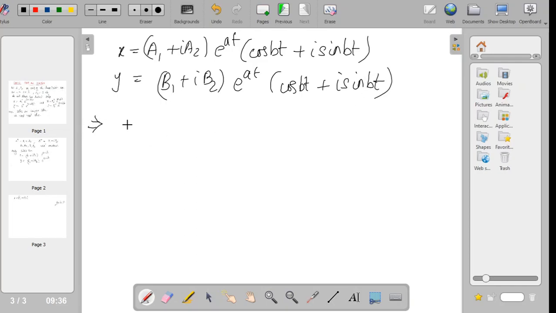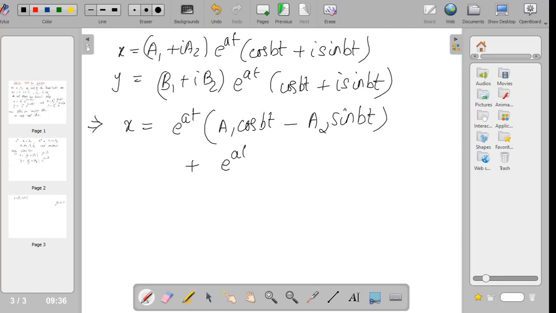So when you expand, you will get x equal to real coefficients e raised to at into a1 cos bt minus a2 sin bt, plus e raised to at into i times a1 sin bt plus a2 cos bt.